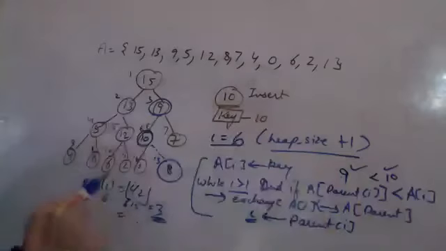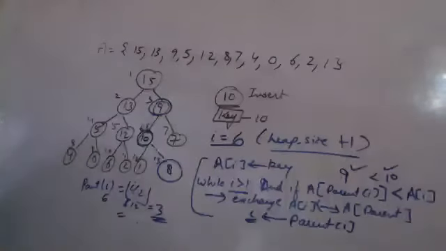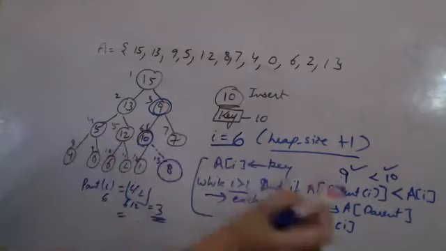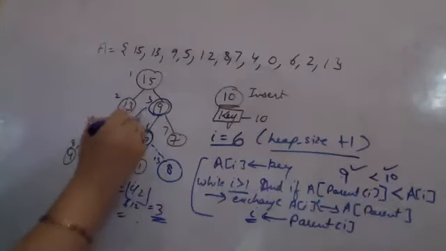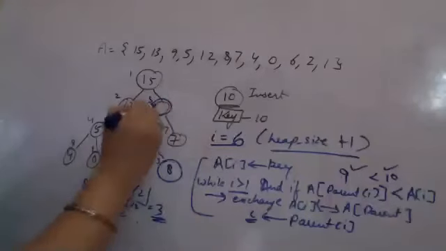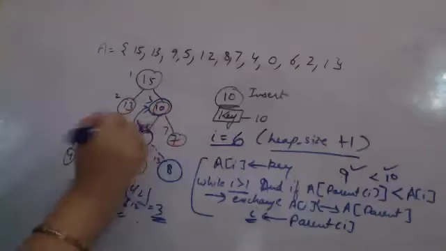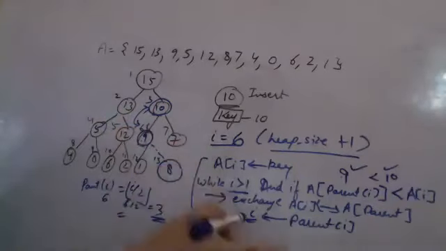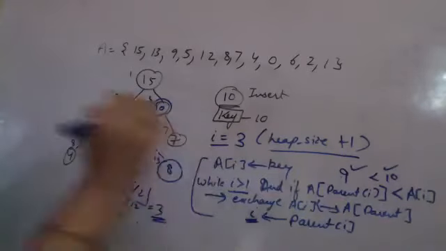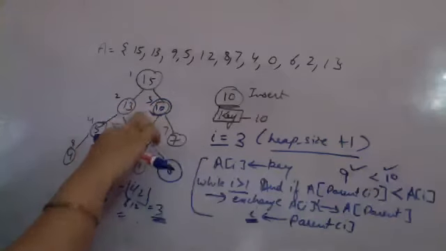If 9 is still less than 10, then the max heap condition is not held true again. So the condition is true, exchange these two. Since I am going to exchange these two, 10 comes here, 9 comes here, and the value of i becomes 3 after this exchange.